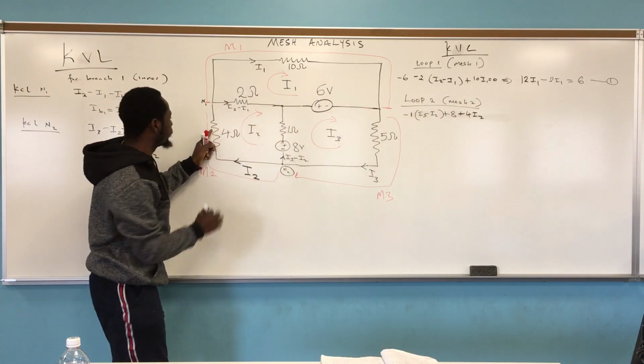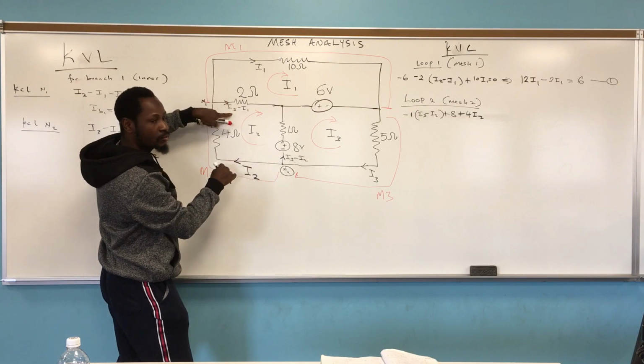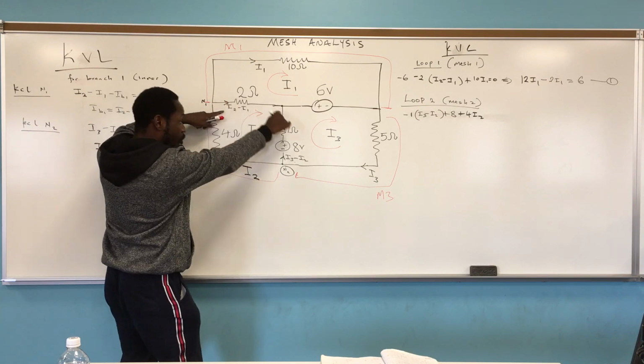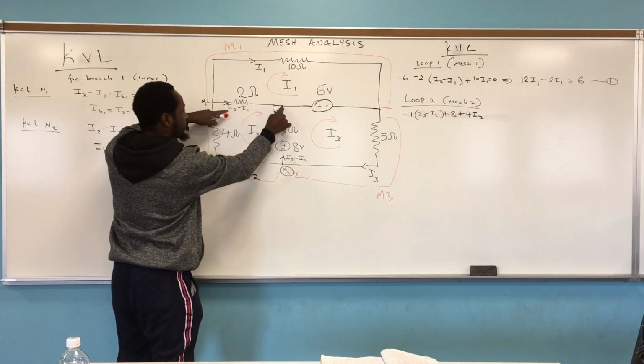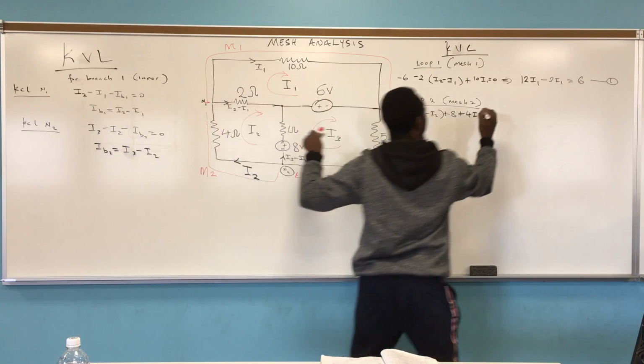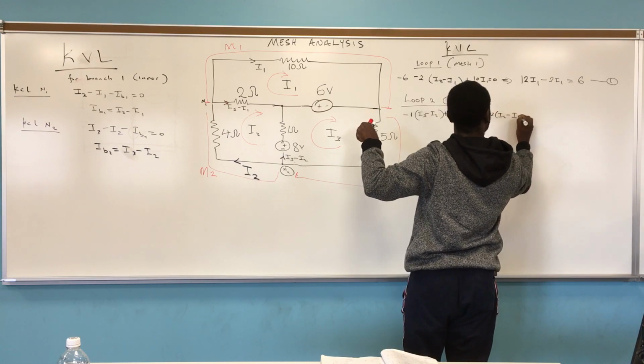We're here now, and then we go here. Now we're traveling in the same direction as this one. We have to go round like this. We started here, so we have to complete here. So we have plus 2 into I2 minus I1.